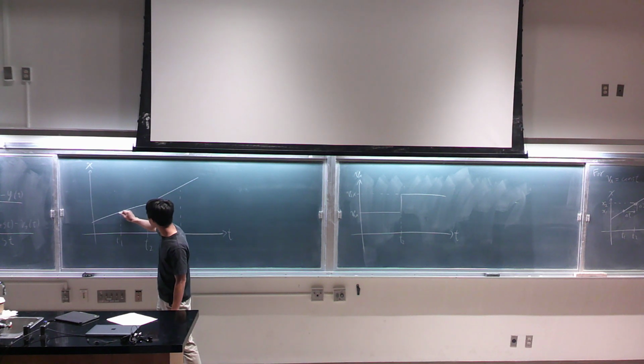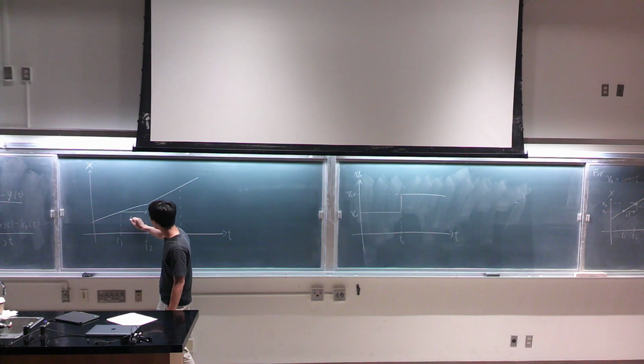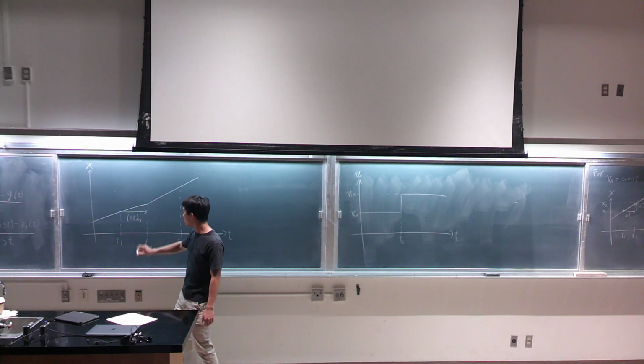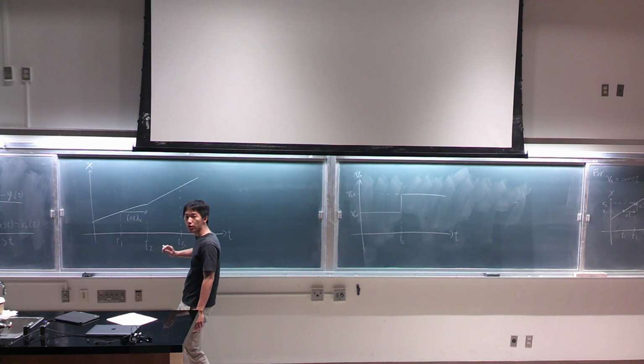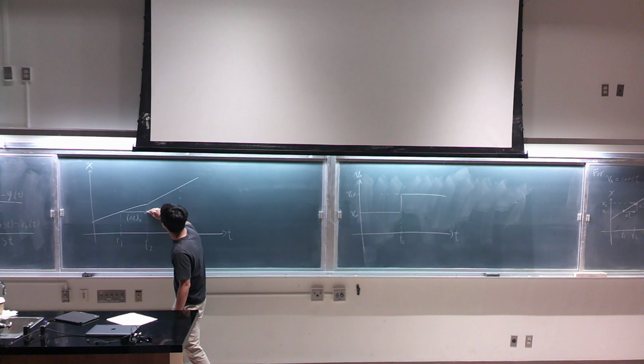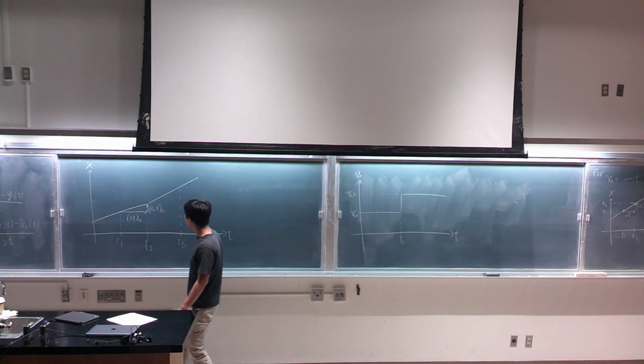The first part is that from t equals t1 to t2, let's say the change of time here is delta t12. It stands for the time that goes from t1 to t2. Okay? So during this delta t12, the particle has moved a little bit by delta x12.